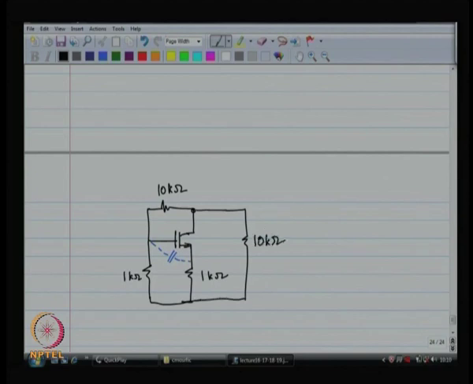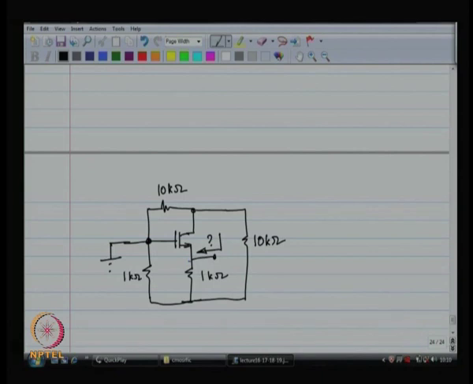So, this was my ground node. Now, I want to change it. I propose that we change it to the gate, and then all we have to do is look into the circuit from this particular point. So, this is the business that we are about to conduct.